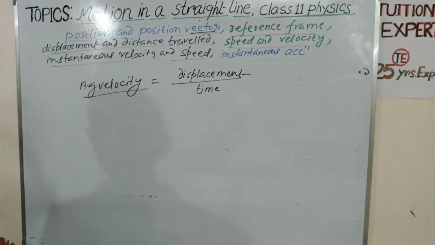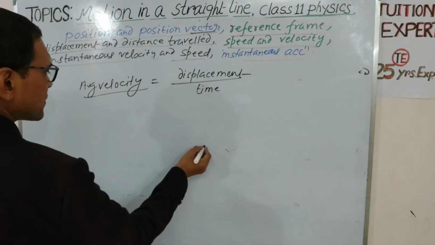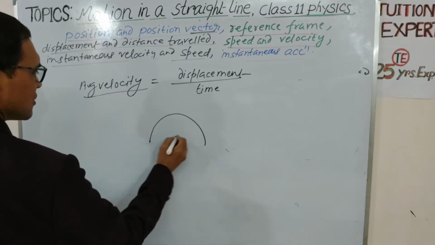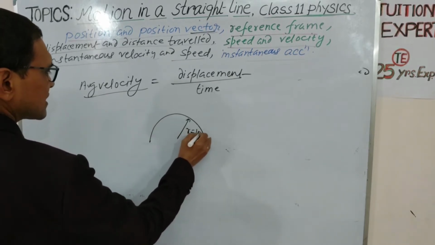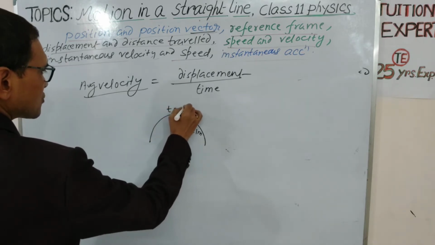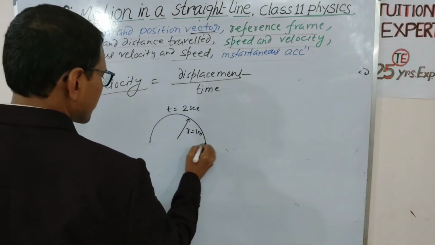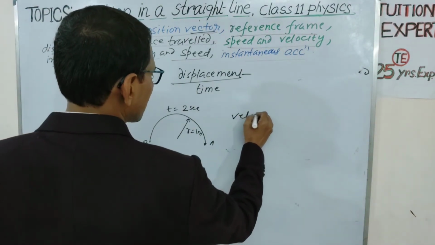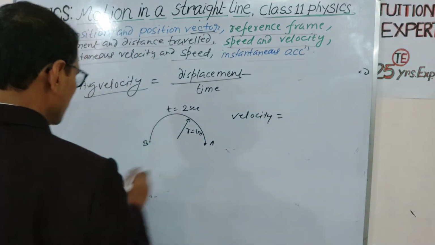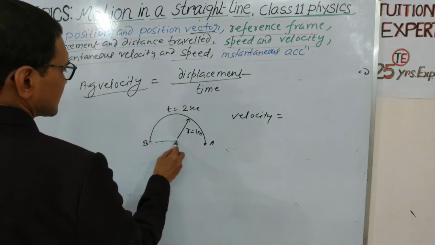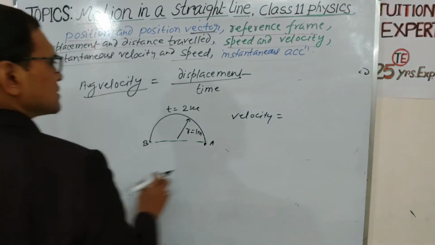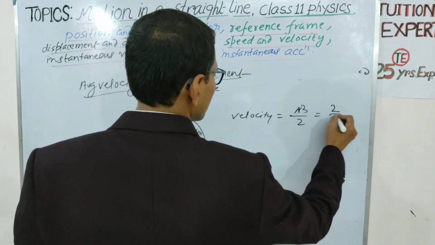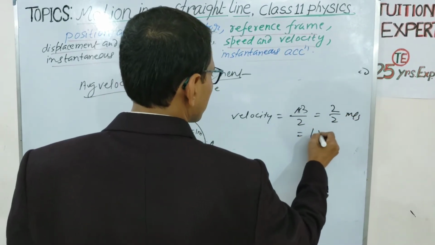Now suppose a body moves in a circular path, a circle of radius 1 meter, in 2 seconds. What is the velocity? Velocity equals displacement by time. Displacement is AB, so AB equals 2, divided by 2, that is 1 meter per second.